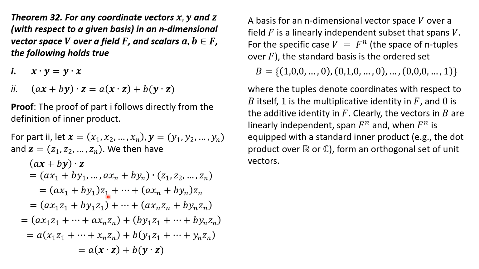Then I just multiplied the different z1, z2, and so on, times the things in brackets. You see here and here. Then I took the terms that had the a and the x's in it, grouped those together, and then the terms with the b and the y's here. Then I factored out an a from this one and a b from this one. And then you can see this is just a times x dot z, and this is b times y dot z. So we have our identity.